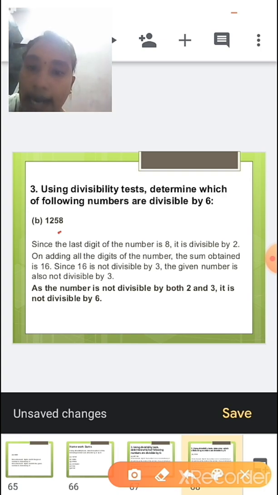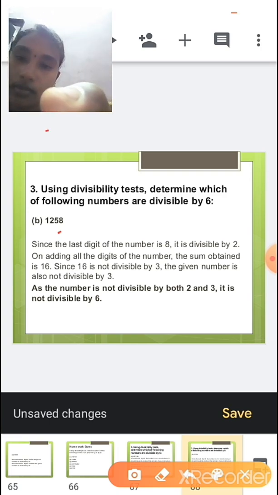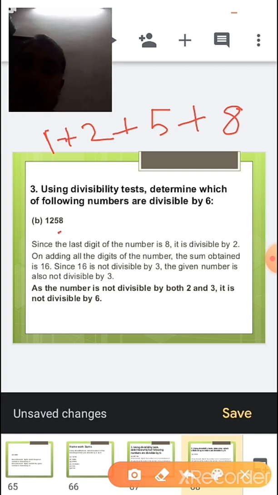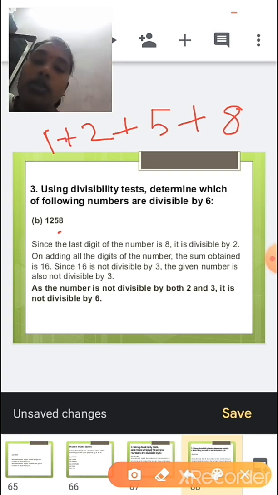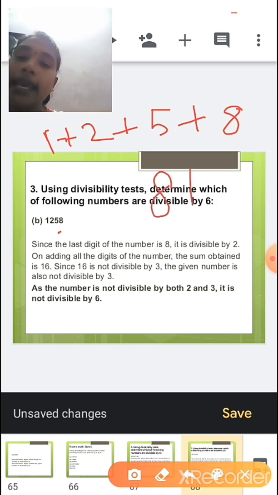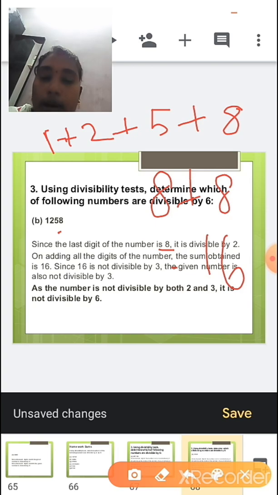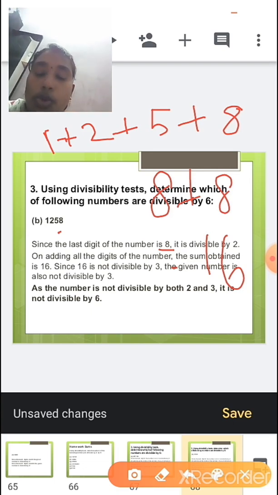Now you are going to add 1 plus 2 plus 5 plus 8. 1 plus 2 will give you 3. 3 plus 5 will give you 8. And 8 plus 8 will give you 16. So is 16 divisible by 3? 16 is not divisible by 3, and hence the number 1258 is also not divisible by 6.